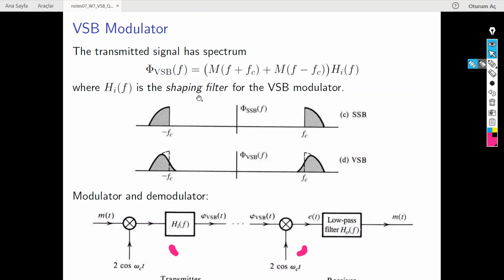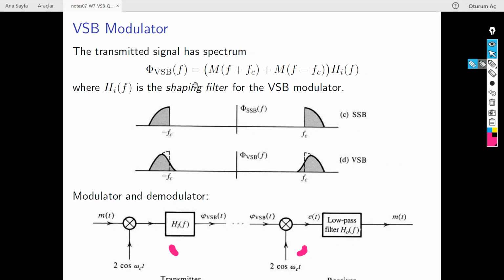It's actually M of t. If you want to write it in the frequency domain, M of f shifted due to being multiplied with cosine, shifted by fc at positive and negative. So M of f plus fc plus M of f minus fc. And then you multiply it by the shaping filter in the frequency domain, Hi of f.